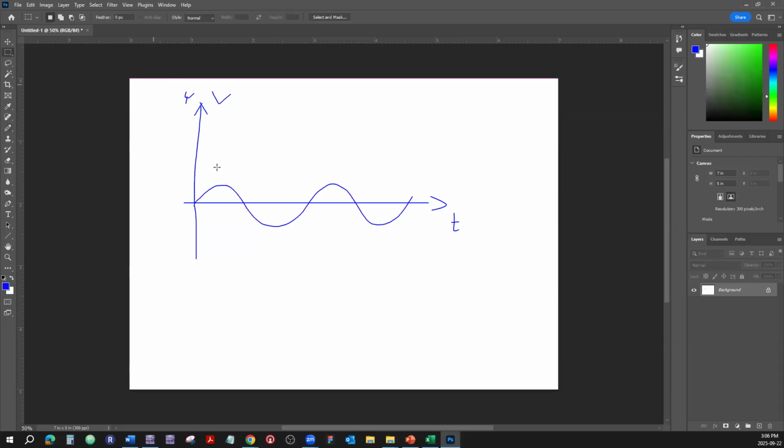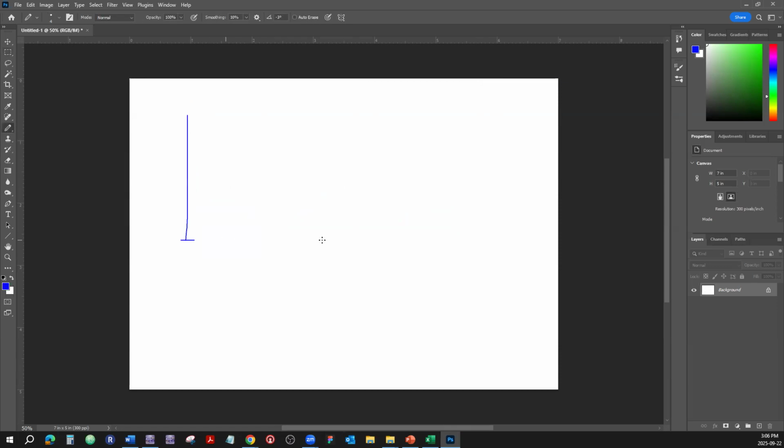As opposed to when we have x and y axes, and this will be the frequency domain.